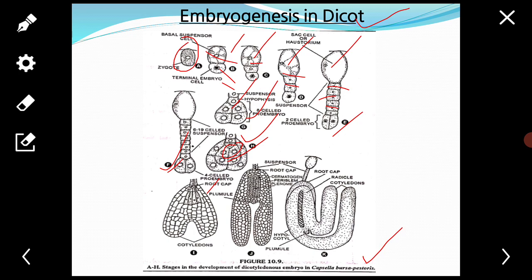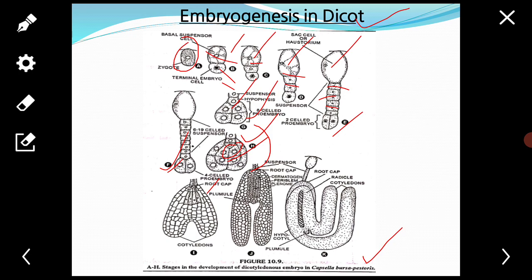So all the cells derived from the hypophysis give rise to the root apical meristem. At this stage the developing embryo is globular and shows radial symmetry, and it is called proembryo.